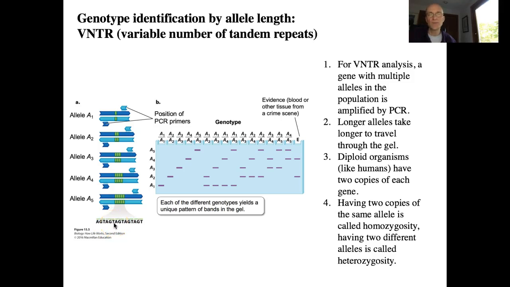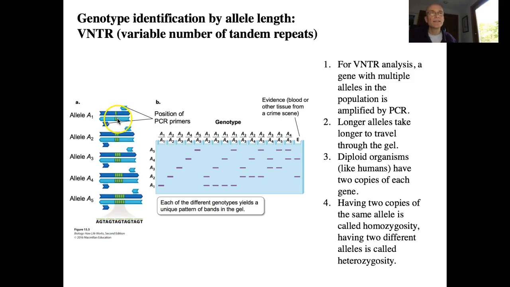In fact, it's even 3 times, 4 times, 5 times. Many, many times it's repeated. And so a tandem repeat can be either repeated just a few number of times or a large number of times. And the number of times that this motif is repeated is what varies between these alleles.